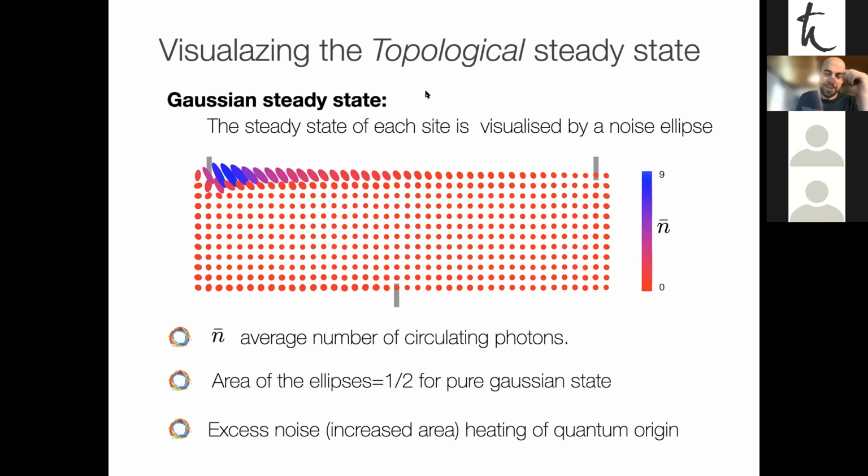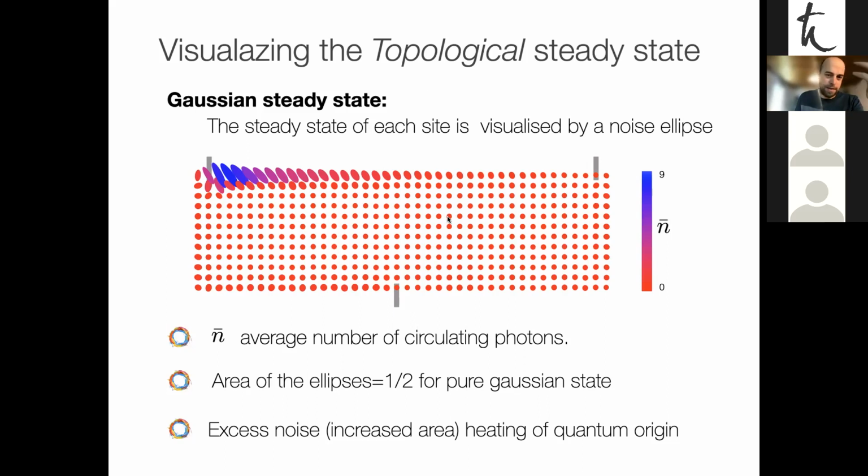Okay, and then another point. Normally, if you have a photonic system that is cold and you don't have a parametric term, the steady state is really boring. You don't have any photons in your system. You have a very interesting linear response, but the steady state is completely boring. Whereas in our system, since we have this parametric term, one is going to see the presence of non-trivial topology even in the steady state, and you can visualize it by plotting the Wigner function of each cavity.